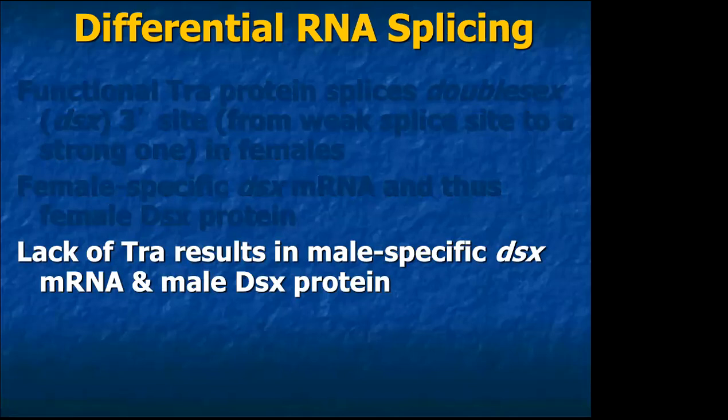So a functional TRA transformer modifies the double-sex mRNA in such a way that it produces a female-specific double-sex protein. In the absence of a functional TRA transformer protein, the default state is to produce a double-sex messenger RNA which is male-specific.